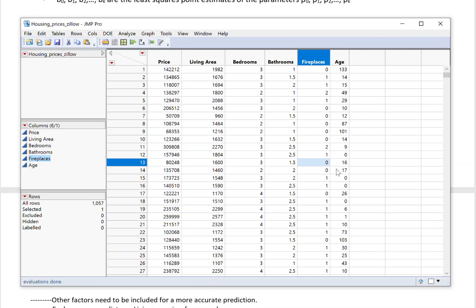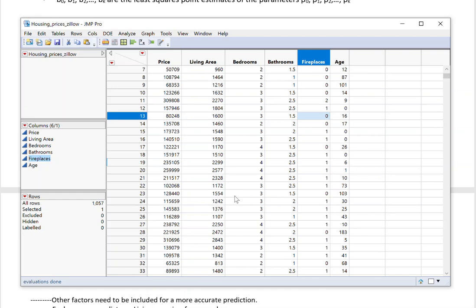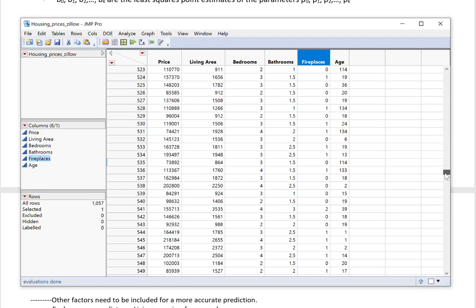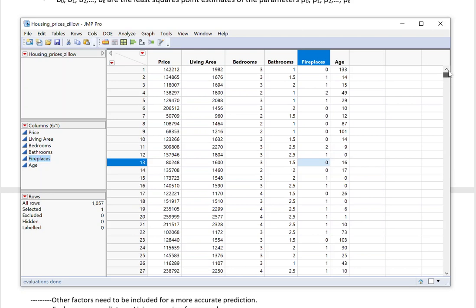We have 1,057 houses, and for each house we have the corresponding house price, the living area, the number of bedrooms, number of bathrooms, number of fireplaces, and the age of the house.